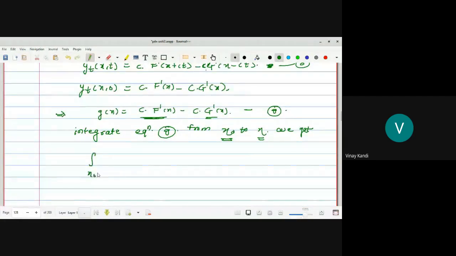So we get the integral from x naught to x of g of s ds, changing the variable x to s, is equal to c into f of x minus c into capital F of x naught minus c into g of x, and since there is minus minus, it becomes plus, c into g of x naught.